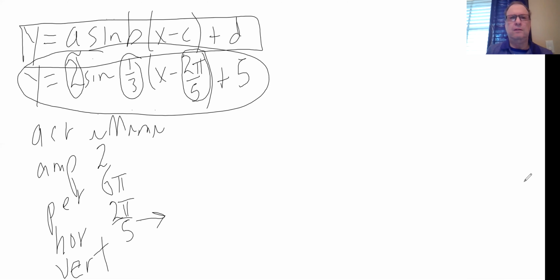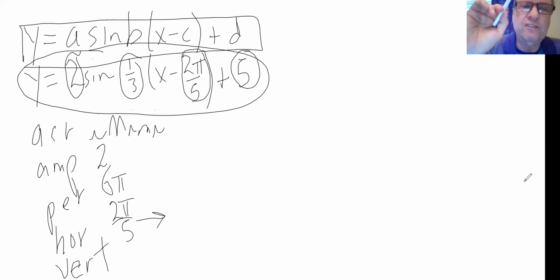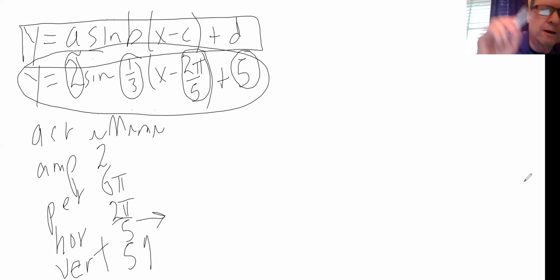Likewise, the vertical shift, which is denoted by D, I think that's also obvious. That would be 5, and because it's positive, that would be 5 up. And there we go. Those are the 5 things that we need to list.